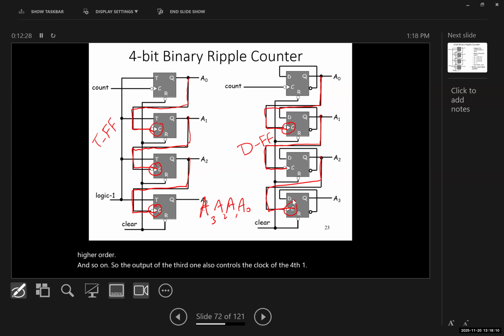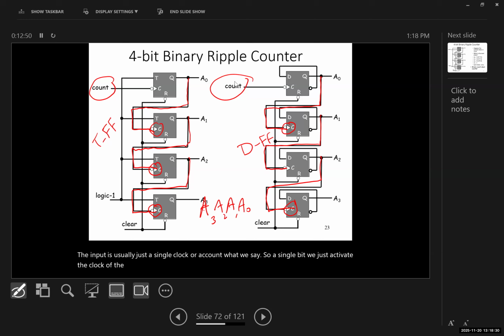Now, what is the input of the ripple counter? The input is usually just a single clock or count, what we say. So a single bit, we just activate the clock of the first one, and exactly as I mentioned, it's like having a series of dominoes.